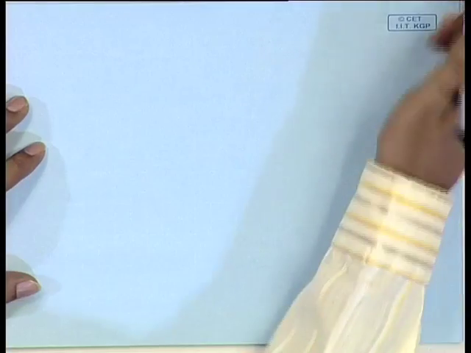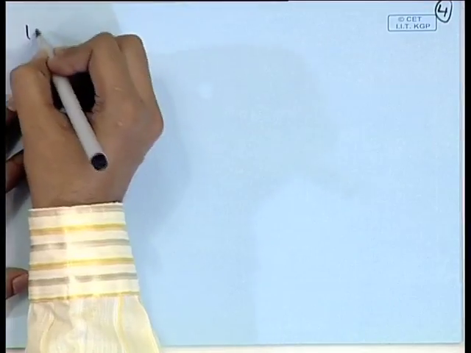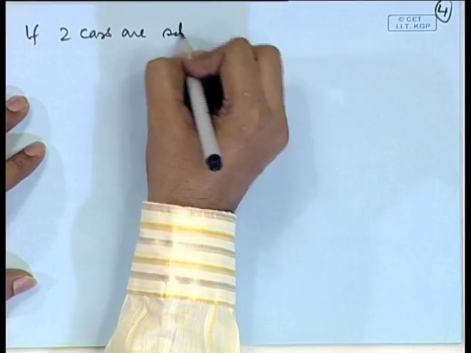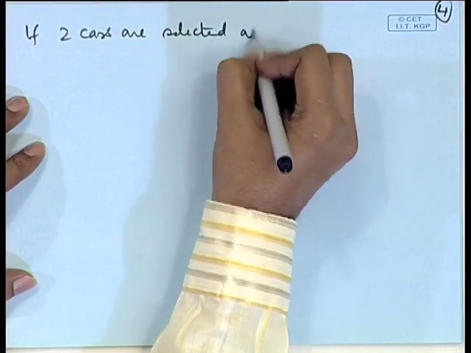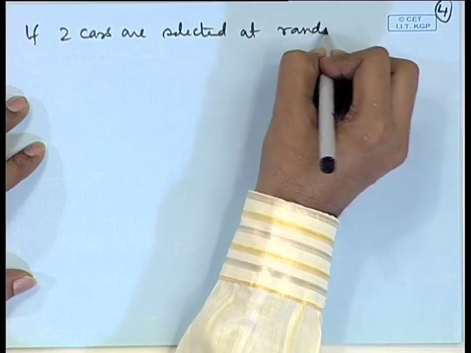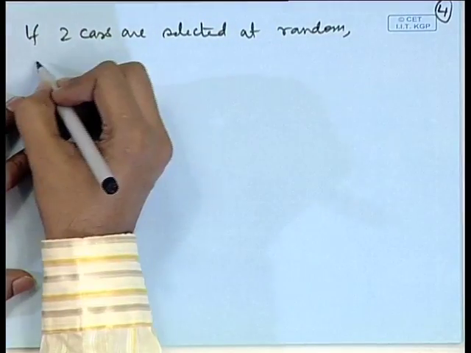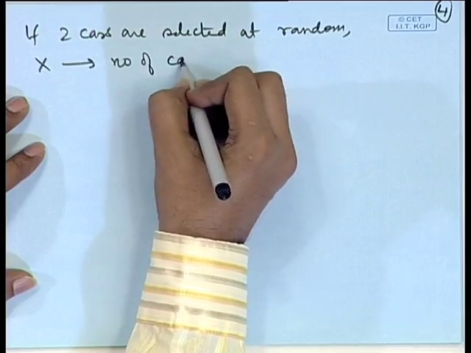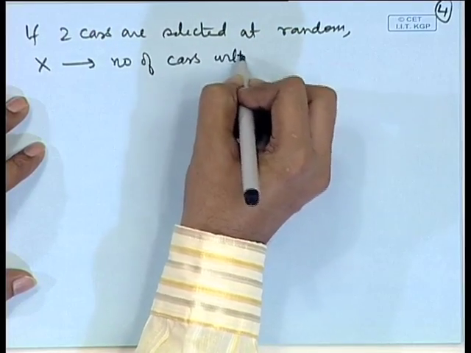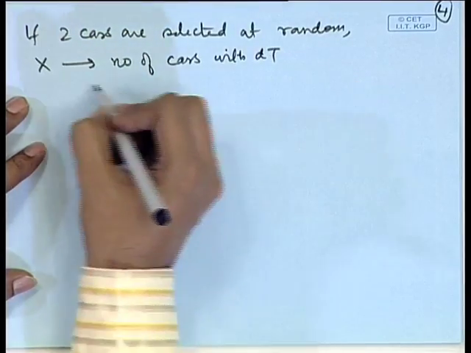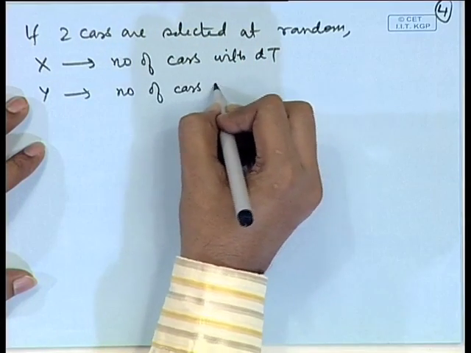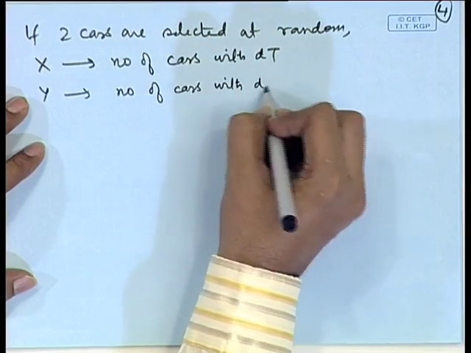Now, if 2 cars are selected at random, let x denote the number of cars with defective transmission and y the number of cars with defective steering mechanism.